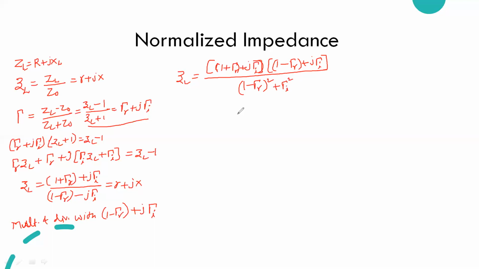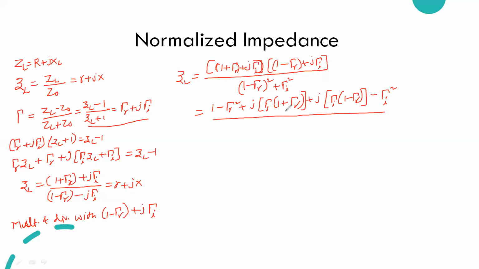Okay. So here, after taking the multiplication of all these things, we will get the equation like this: 1 minus gamma r square plus j into gamma I times 1 plus gamma r plus j into gamma I times 1 minus gamma r, minus gamma I square, divided by the denominator term, which is the same, there is no change in it.